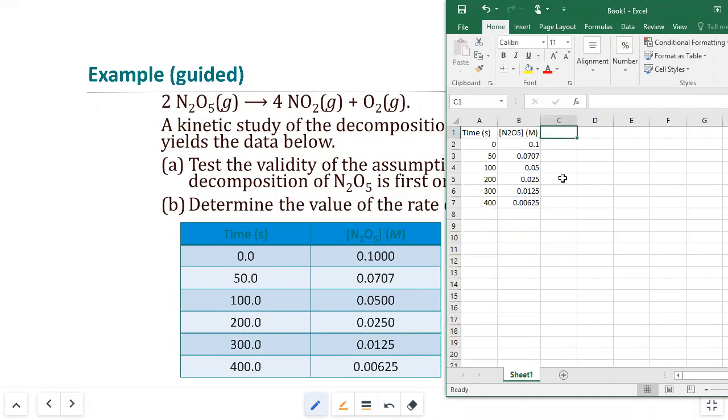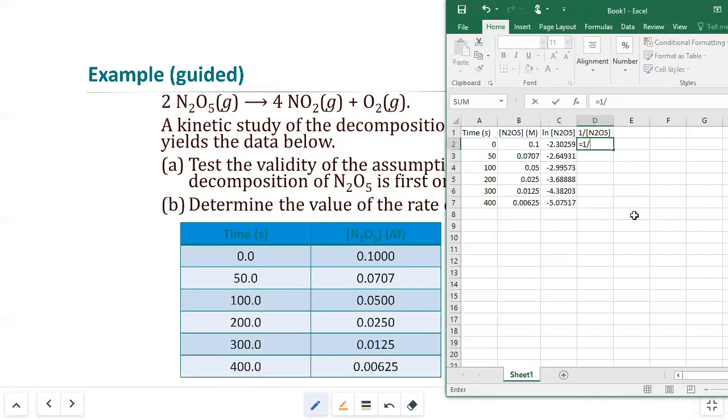What we have to do is add those other 2 columns and then tell Excel to calculate them for us. So equals ln for natural log, and then repeat for everything else.